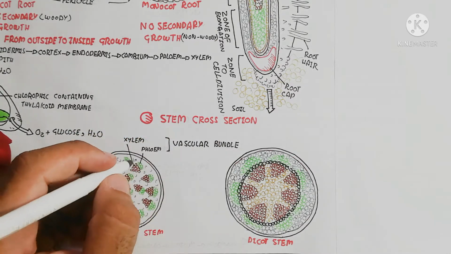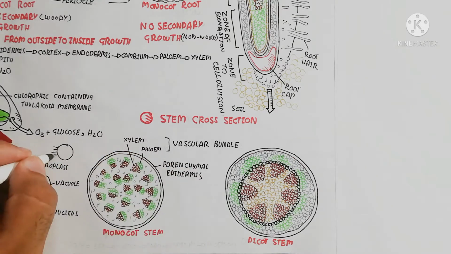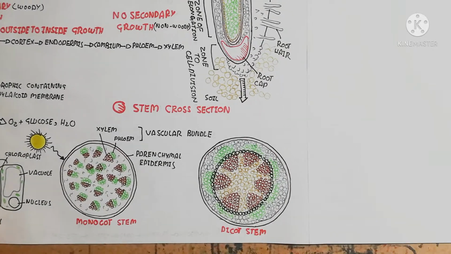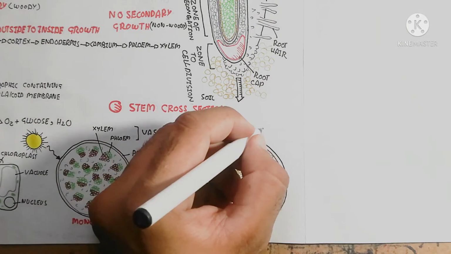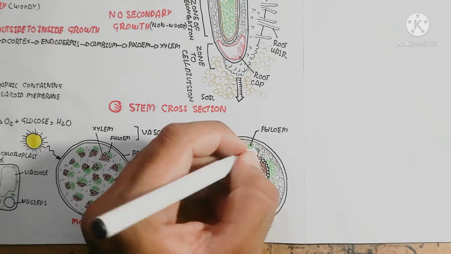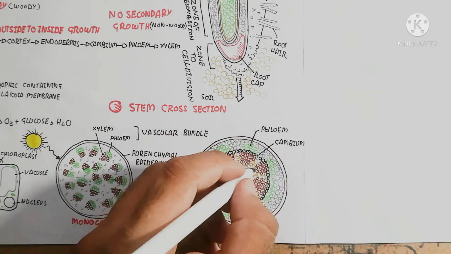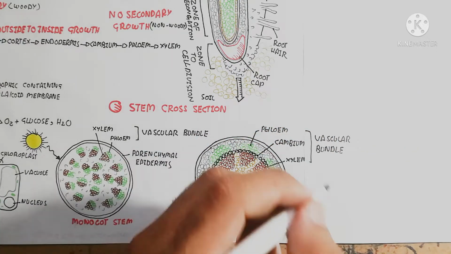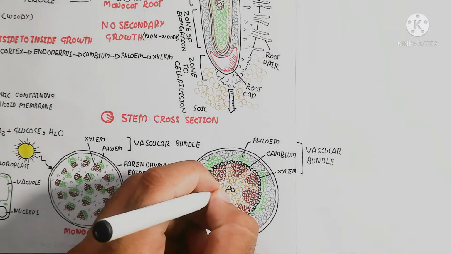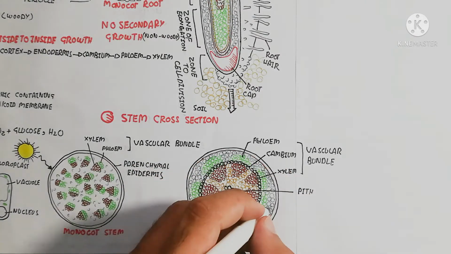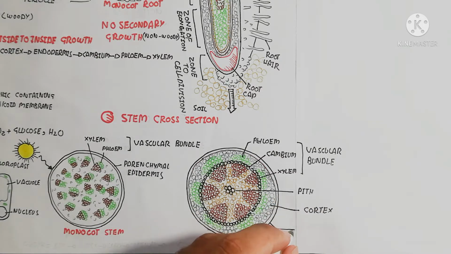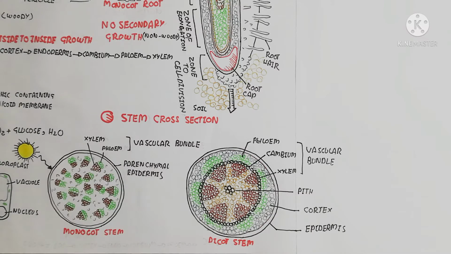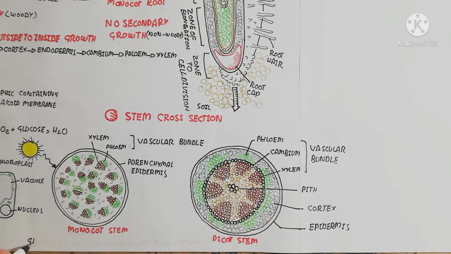In the monocot stem, xylem and phloem are scattered, just like in the root, while here the parenchymal epidermis is present. Photosynthesis is also possible in the stem because it is green and non-woody, present in herbs. While in the dicot stem, the phloem and xylem are arranged in a well-ordered manner and secondary growth occurs, but monocots have no secondary growth.